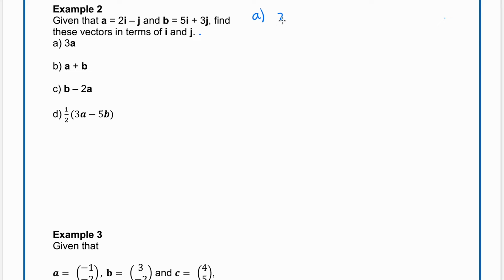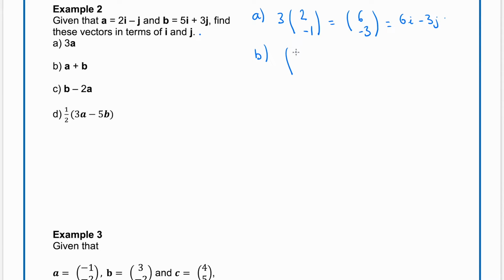So we'll begin with question A, and I'm going to write this in column vector form. So we have 3 lots of 2 and minus 1. So we can multiply this out, we have 6 and minus 3. In i and j notation, 6i minus 3j. For question B, a plus b.